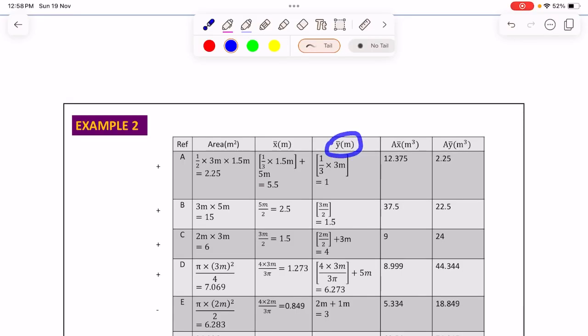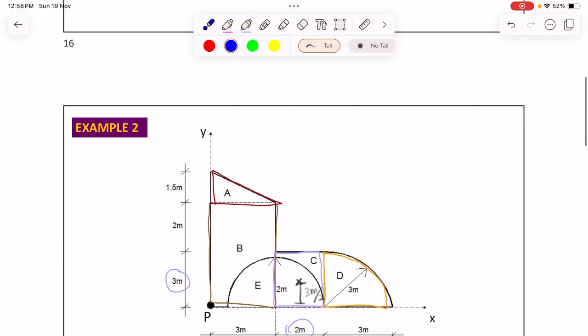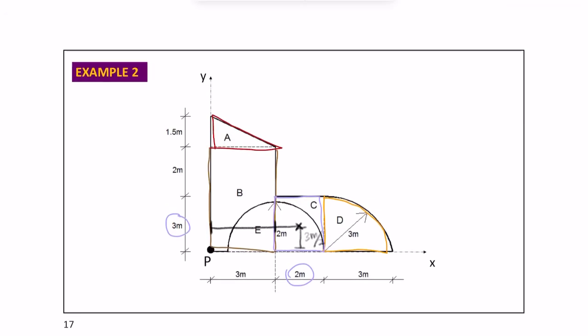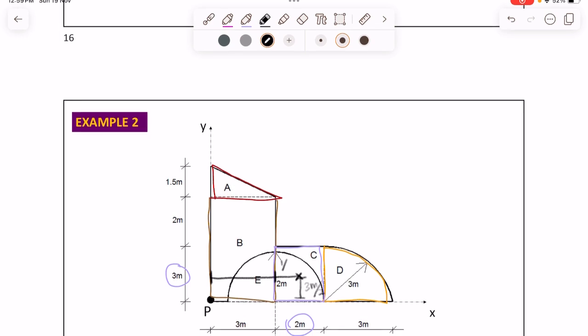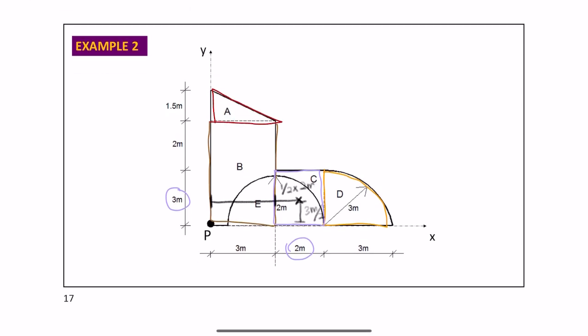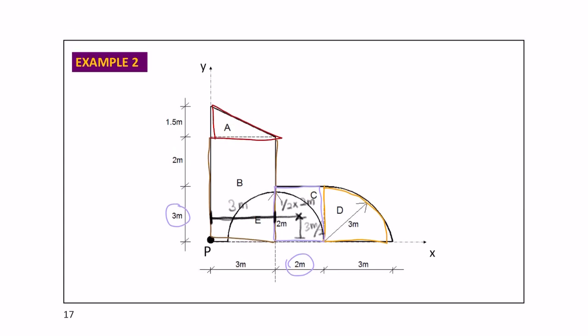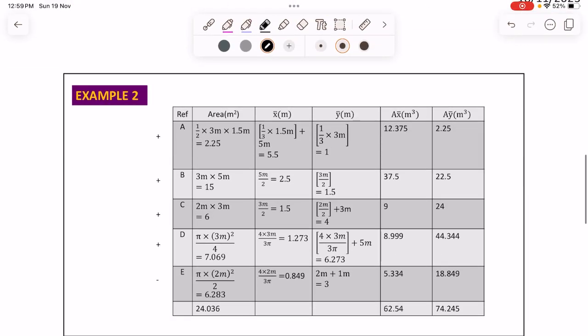For y bar, it is the distance from the centroid to the y-axis. Half of the B of section C, which is half times 2 meter. And you have to plus another distance here, which is 3 meter. Because you measure the distance to the y-axis. 1/2 times 2 meter plus 3 meter.